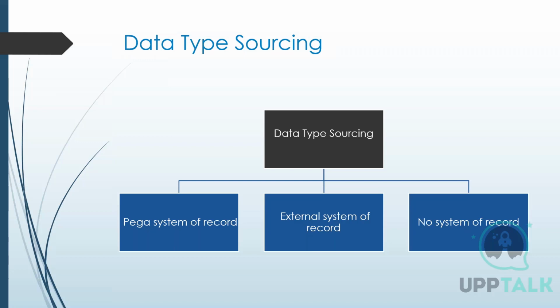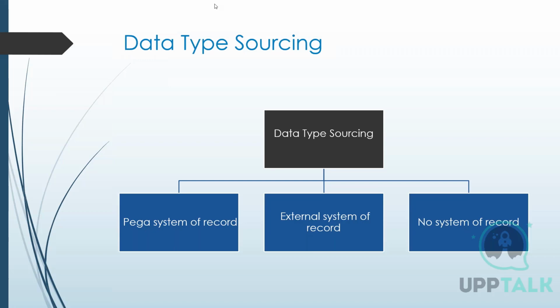Then the last one is No System of Record. 3 options: one where the data is within your application, another where the data is outside of your application, and the last one, no system of record, which means you are not storing that data anywhere in your application. It comes in and out and goes.